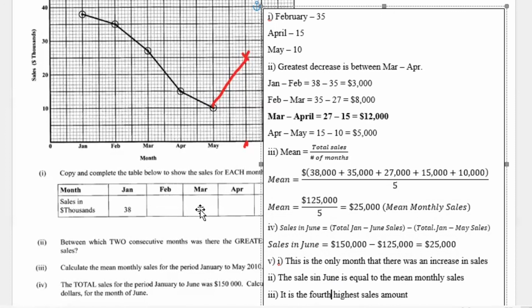So even though it might not be the highest, it is an improvement from the last 2 months. So this could be an indication that things are now turning for the better. So it showed an increase from the last 2 months. Those are some possible answers from what we identified from comparing it with the other sales.